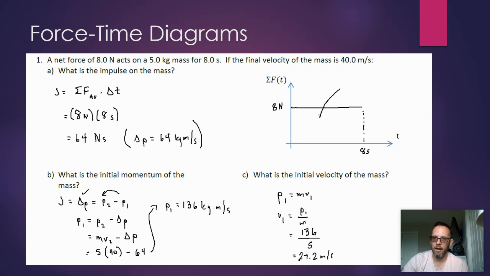And if you look at the area of that rectangle, 8 times 8, you just get 64. It's what we got for the change of momentum. And this is what I want the intention here. It's this. Impulse is the area under an F-t graph.